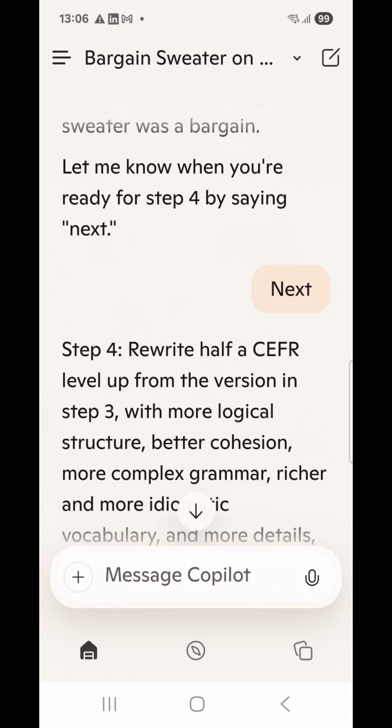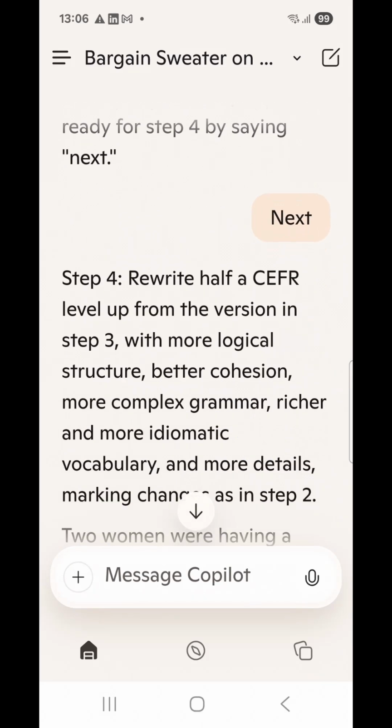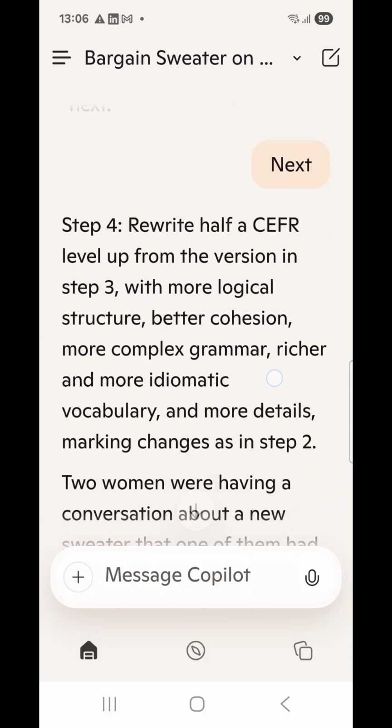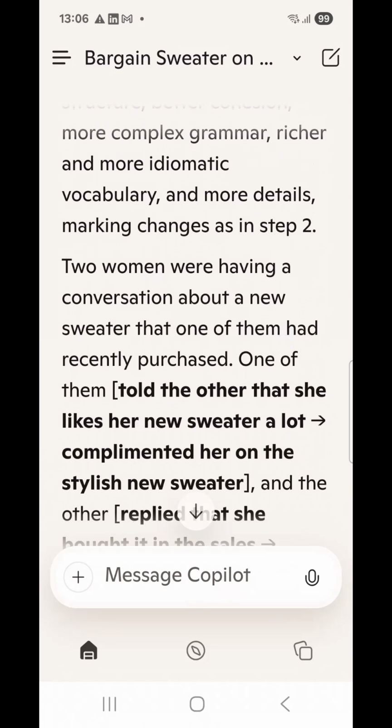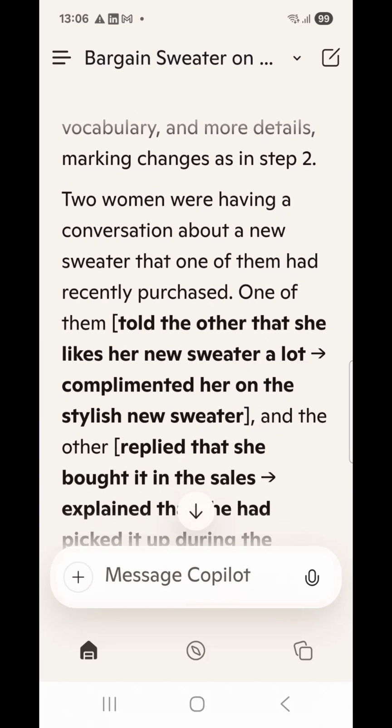So I typed next, and this was rewrite half a CEFR level up from that version. Okay, and it shows exactly the thing that I wanted. It shows the correct version and the slightly more sophisticated version.